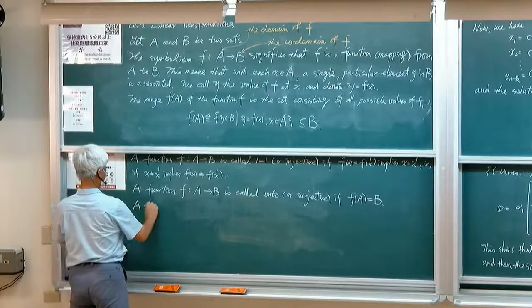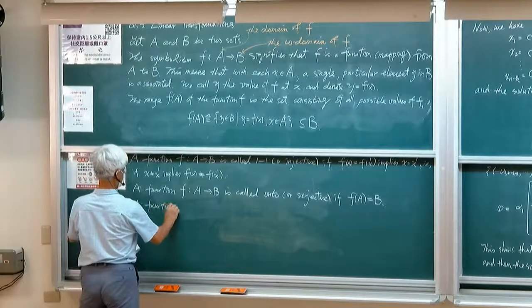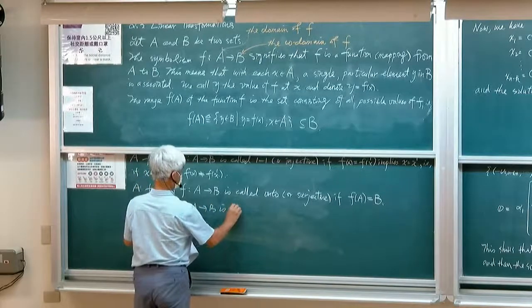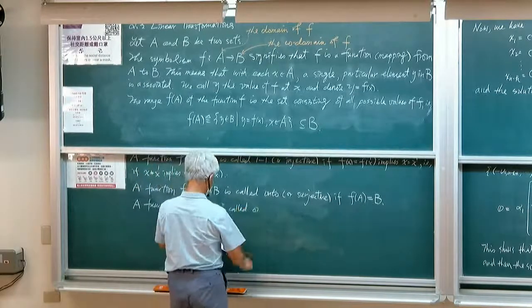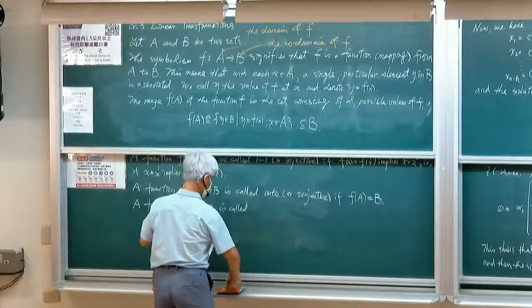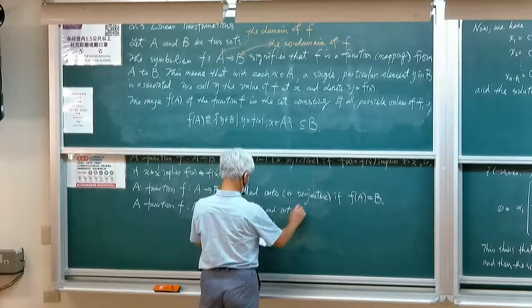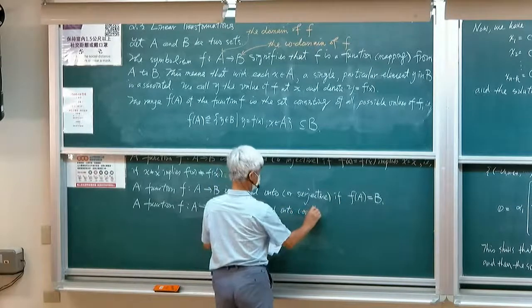Last one, a function f from A to B is called one-to-one and onto, or bijective.